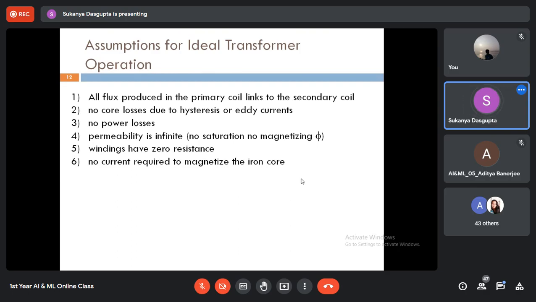So in order to magnetize the core always, the primary winding must draw some current, maybe a very small fraction of current, 2 to 5% of the rated current, whenever there is no load at the secondary side, right? But still, the primary winding must draw some current from the alternating voltage supply in order to magnetize the core. But that no load current is not required in case of ideal transformer operation.